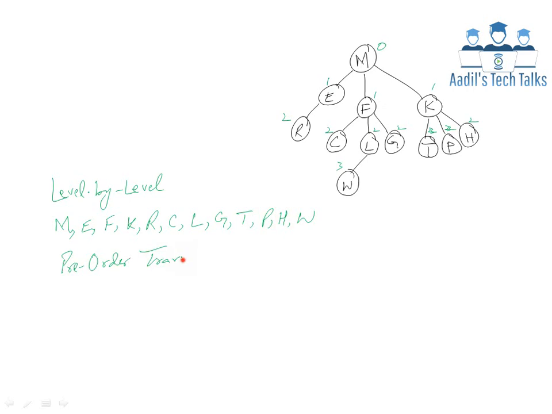Pre-order traversal means a parent node comes before its corresponding nodes.